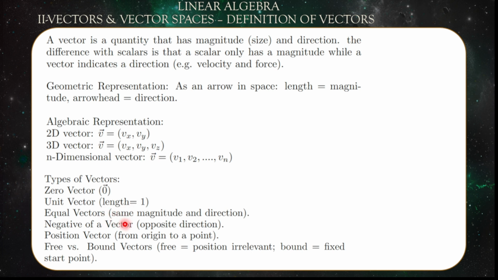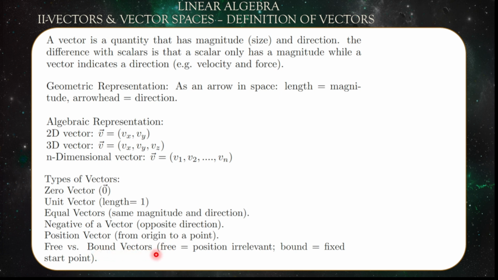Equal vectors are vectors that not only have the same magnitude, the same length, but also have the same direction, heading to the same place. So they are parallel vectors, but at the same time, they have the same size or magnitude. Now, negative of a vector is a vector which has a completely opposite direction, but the same magnitude. So you would have a vector like this, and the negative one is the one going completely the opposite way.